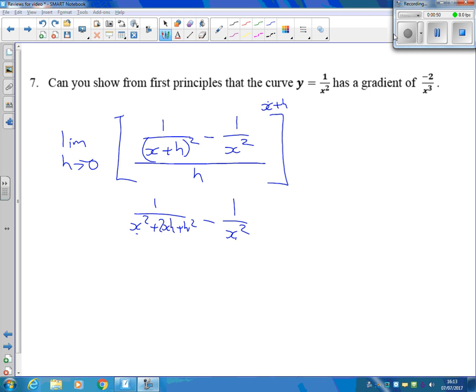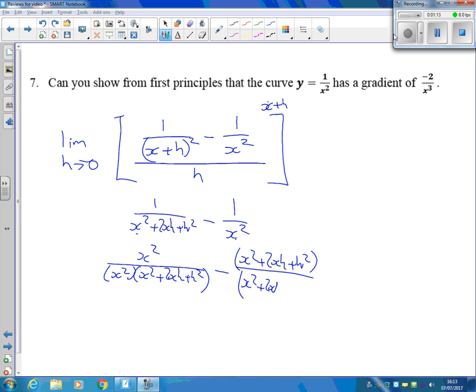So the common denominator for these two things is going to be x squared over x squared plus 2xh plus h squared, minus this part here, x squared plus 2xh plus h squared all over that thing again, times by x squared. So there's your common denominator here.